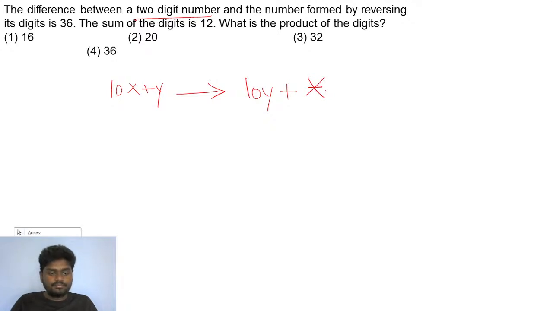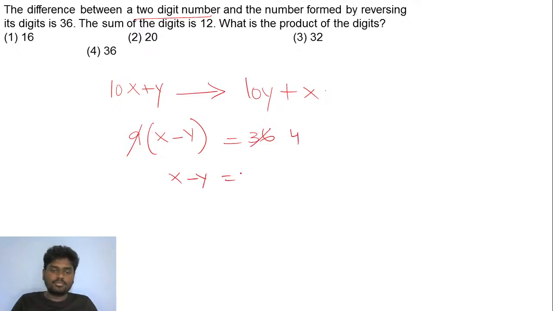So the difference, what I've got here, is 9 times x minus y. This is the difference which I got, that is equal to 36. So from this, if I divide, it goes exactly 4 times, and I got the value of x minus y to be 4.